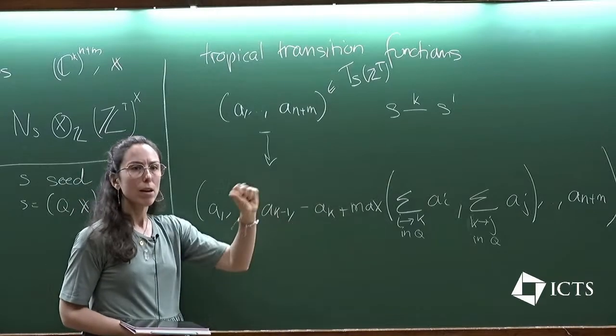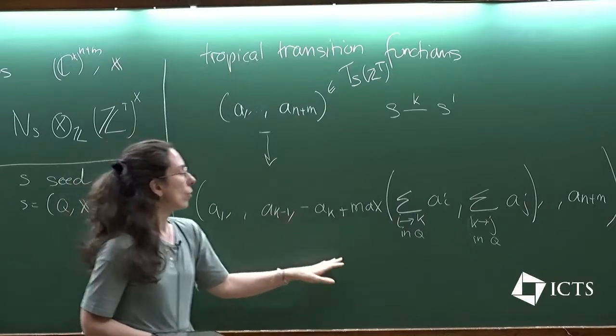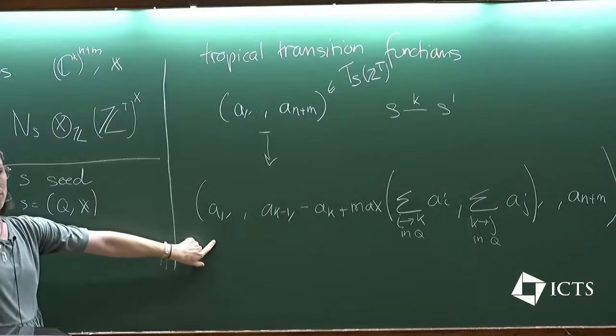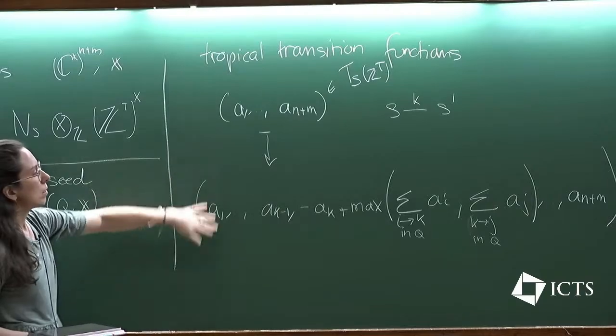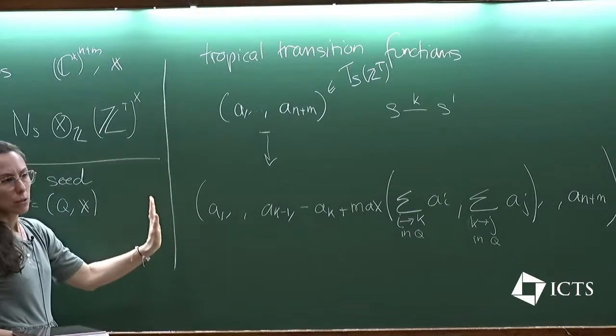We had to be careful that we land again in a torus and don't create a zero entry in this position. But in this case, we don't have this problem. This is a piecewise linear map from one lattice to itself, and it is well defined everywhere.